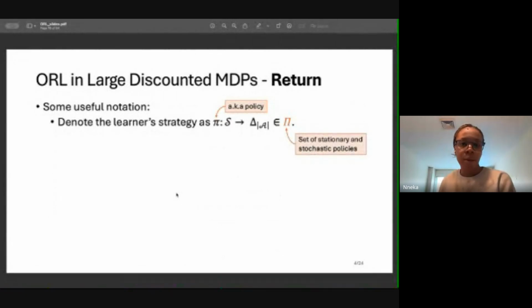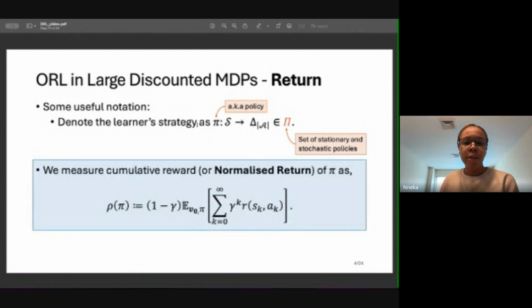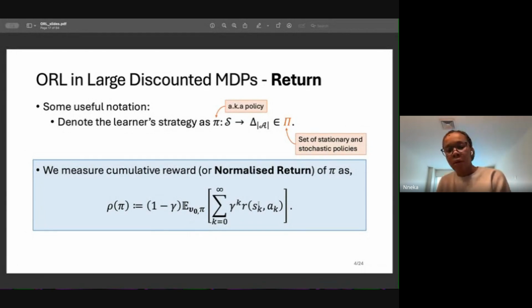Given this setup, by standard notation, we refer to the learner strategy as a policy, denoted here by pi, and we measure cumulative reward in terms of the normalized return, denoted here by rho pi, which by definition is the normalized expected discounted sum of rewards for following policy pi in the environment from any state sampled according to nu zero.